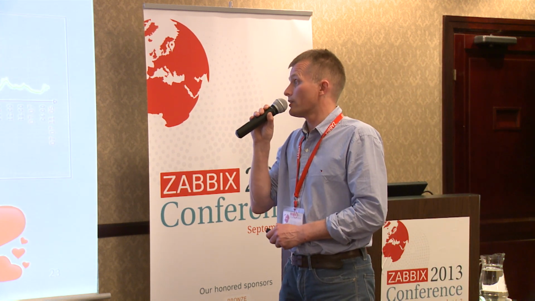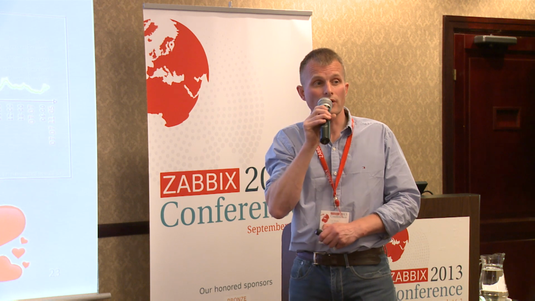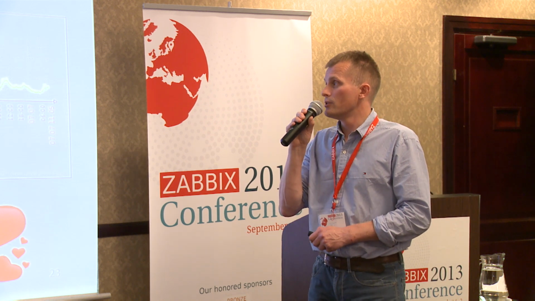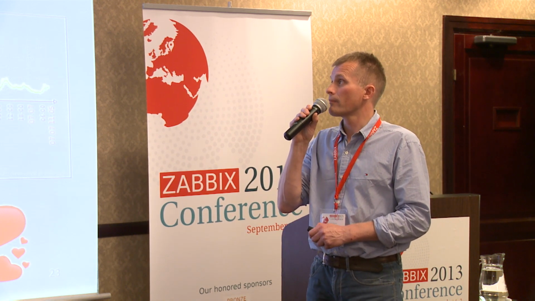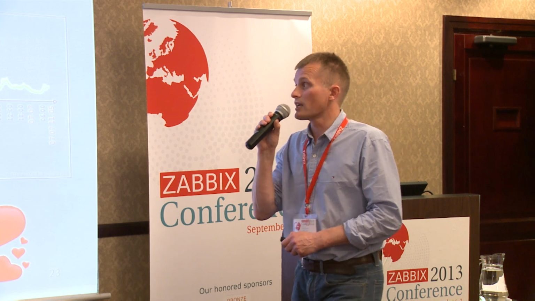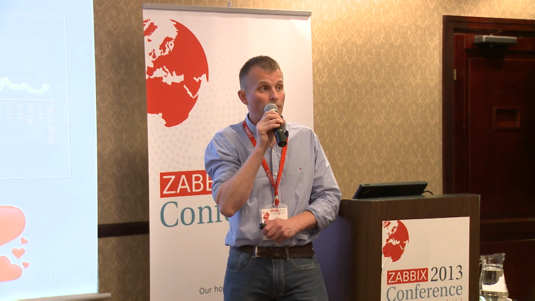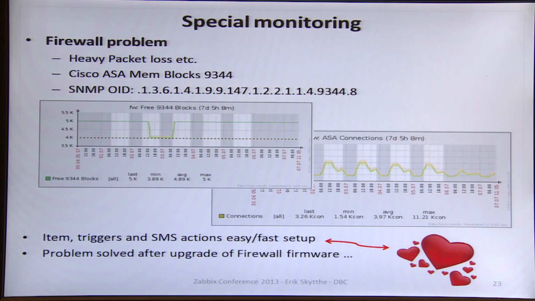Another thing you can also use Zabbix for is something we face several times: we have a problem, and for example here we had a firewall problem. Suddenly we were discovering a lot of packet loss to our DMZ.